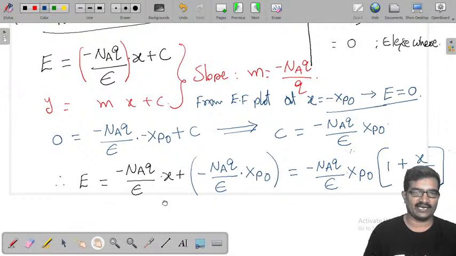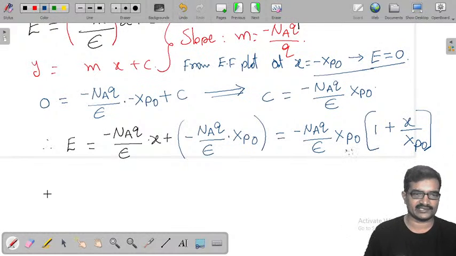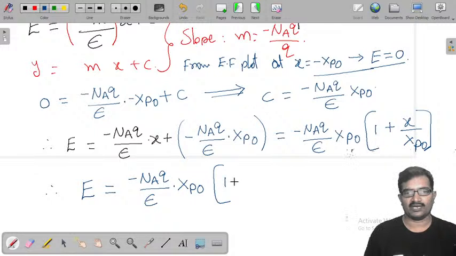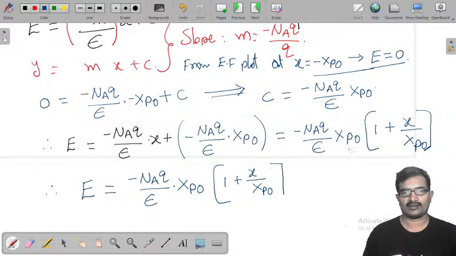Therefore, our final equation for electric field is E equals minus NA into Q by epsilon into xp naught into 1 plus x by xp naught. This is the equation for electric field.